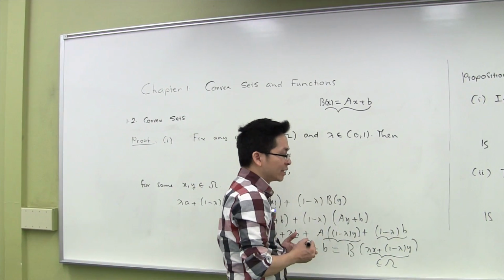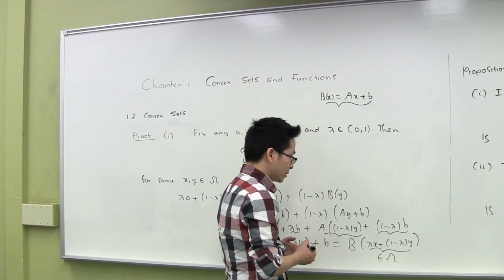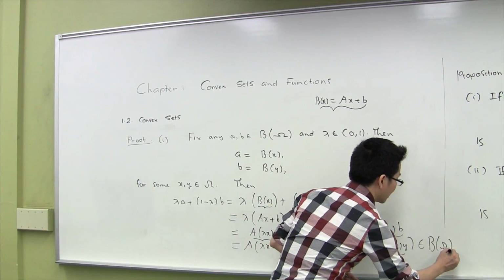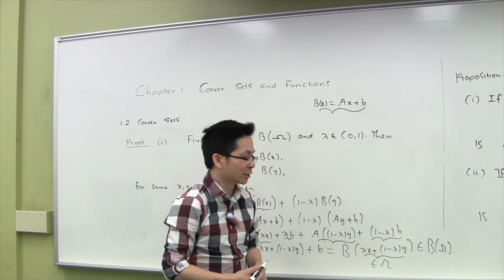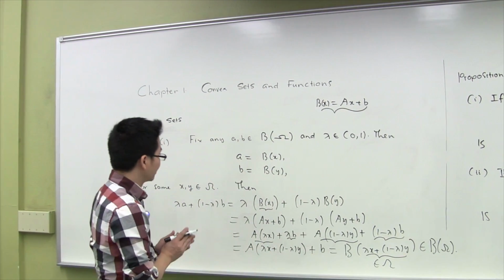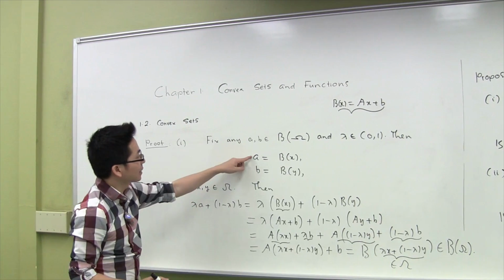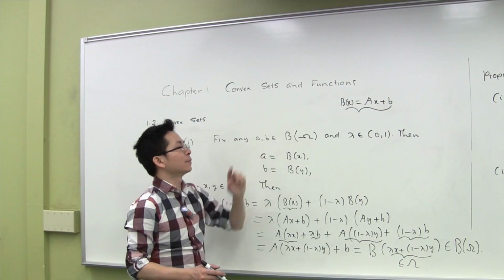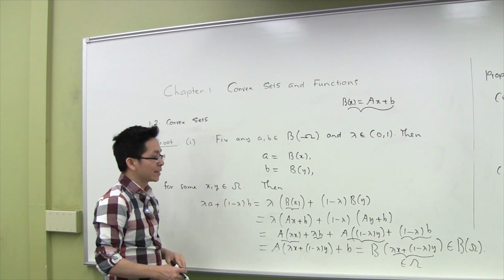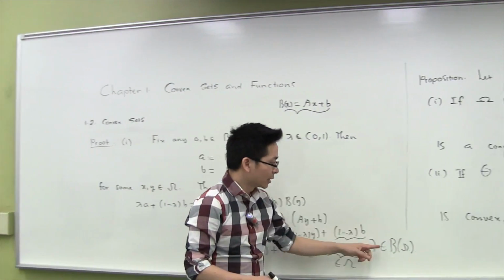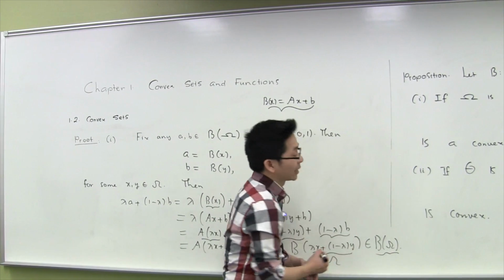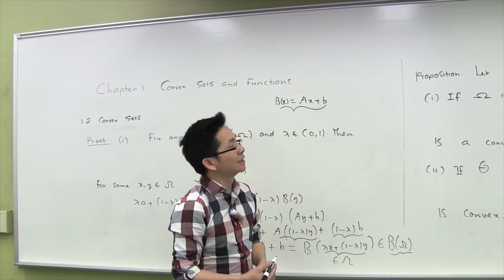Therefore, by the definition of direct image, this belongs to B of omega, that is the direct image of omega under the mapping B. So we have proved that if a and b are in the direct image of omega, then lambda a plus 1 minus lambda b belongs to the direct image of omega. Therefore, the direct image of omega is a convex set in R^p.